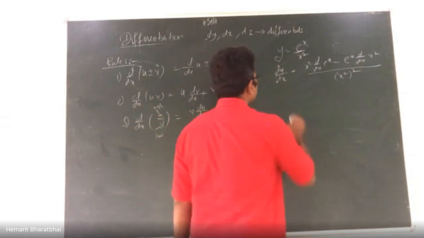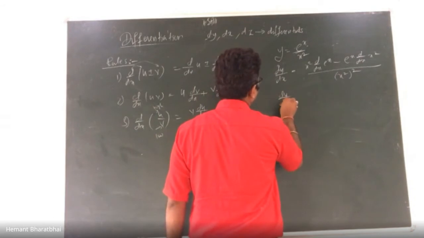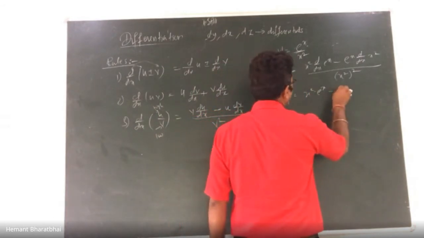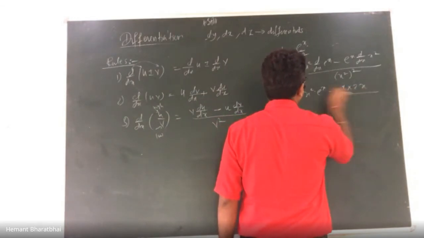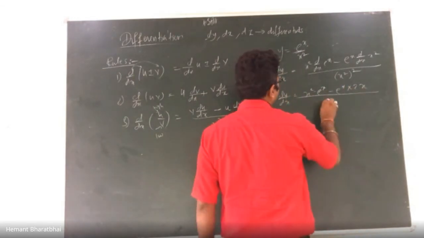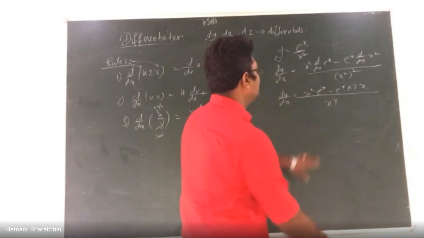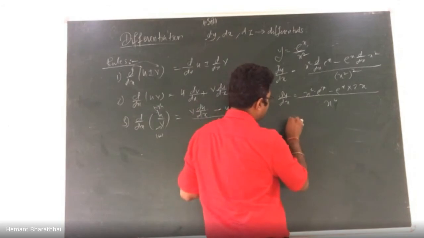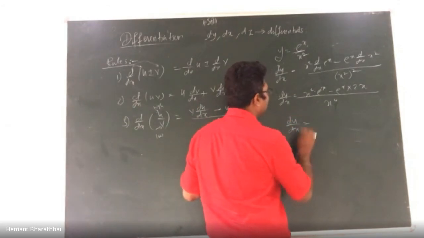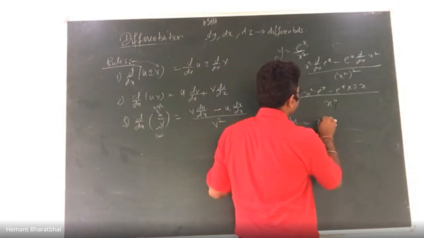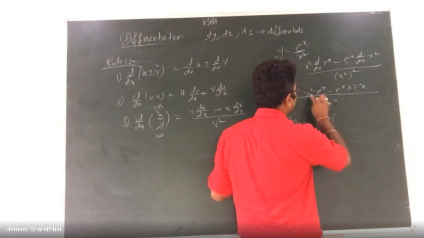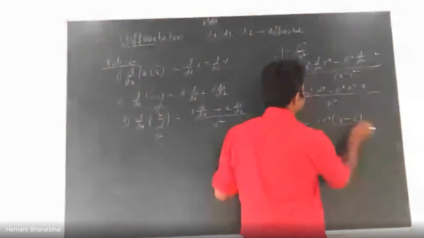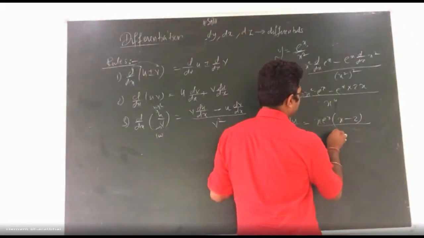Okay, I'll get dy/dx is equal to x squared, the derivative of e raised to x is e raised to x, minus e raised to x, the derivative of x squared will be 2x, and this will become x raised to 4. So I can take x into e raised to x as common, therefore I get dy/dx is equal to x into e raised to x I have taken common, so here what will remain is x, and here what will remain is 2, upon x raised to 4.